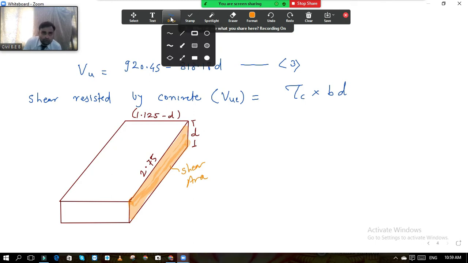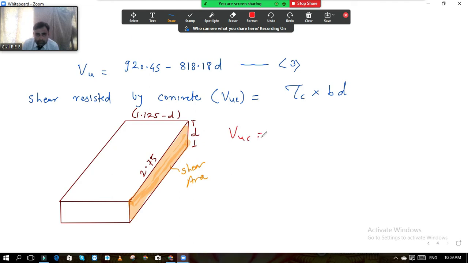So now Vuc is equal to tau c, that is 1118, into b d. This area is 2.75 into d.